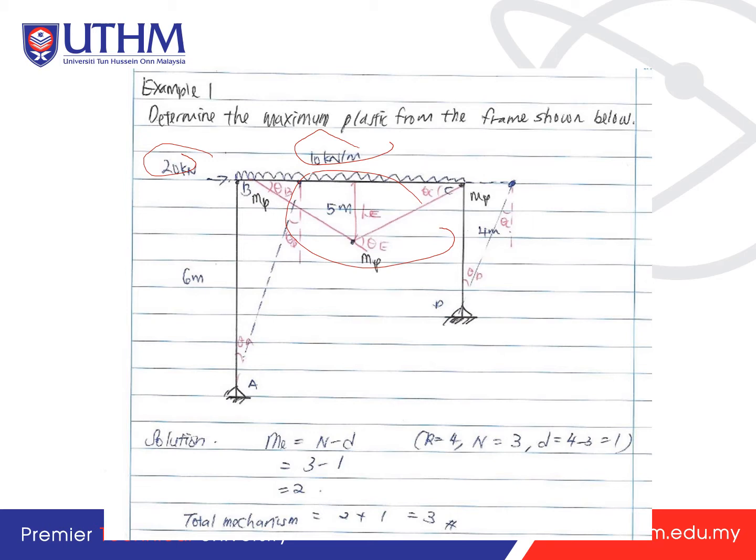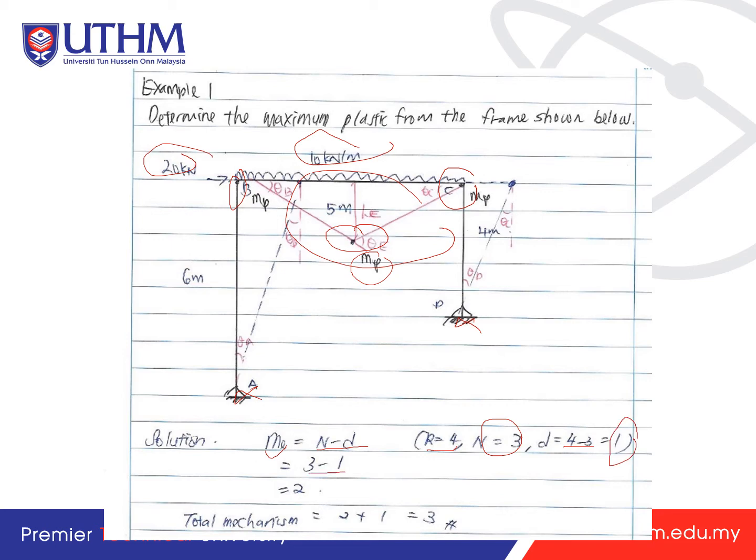ME is equal to N minus D. The reaction is 4, and N is 3, which is the number of plastic hinges. At the joints we have 1 hinge, 2 hinges, and then caused by this force it will have another hinge for the Mp here. Here there is no hinge because this is a pin support; only fixed supports have plastic hinges.